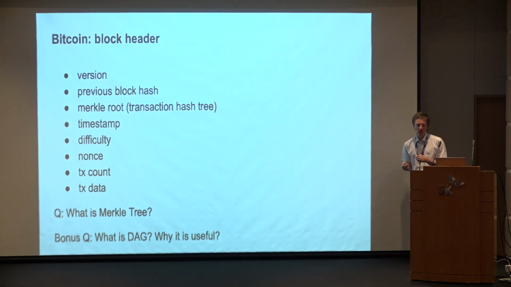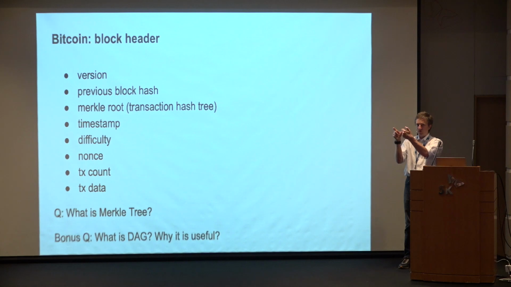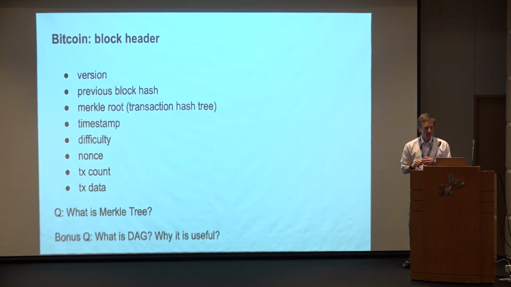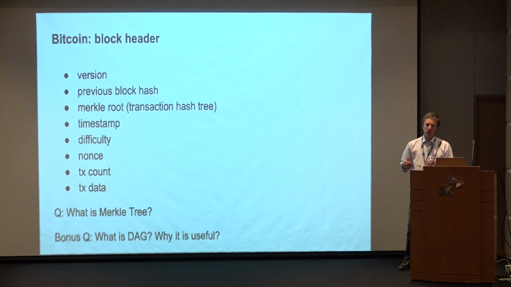We have a version, we have the hash of the previous block, we have a timestamp of when the block was generated, the difficulty, this number of zeros in the hash that was in the previous tutorials as well. And then we have how many transactions there are, and we have the hashes in the Merkle tree of all the transactions, right? I will not ask you what a Merkle tree is.